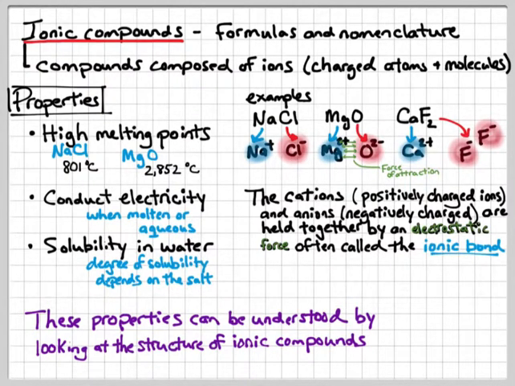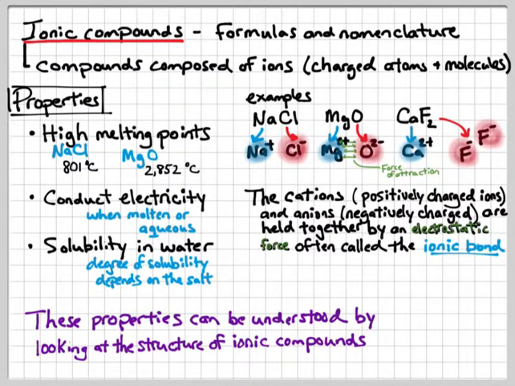So we have a strong force of attraction, electrostatic force, the tug of the 2+ charge to the 2- charge in the case of magnesium oxide, which holds the structure together.